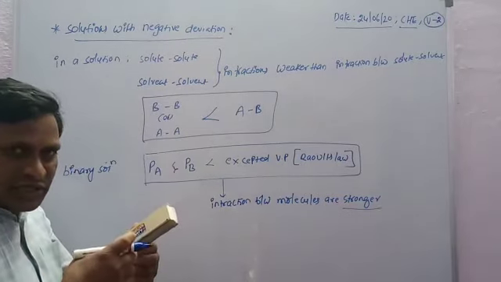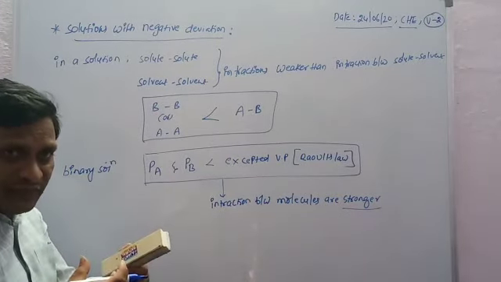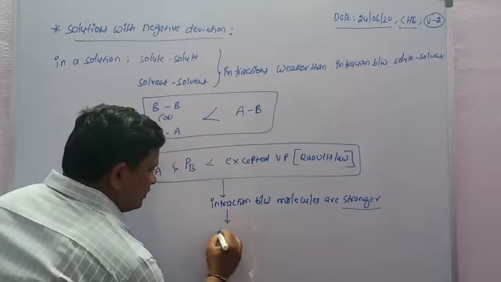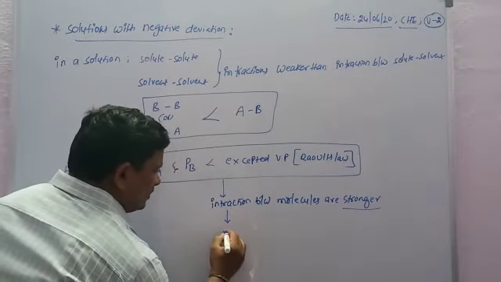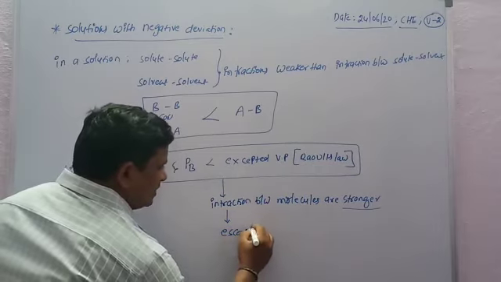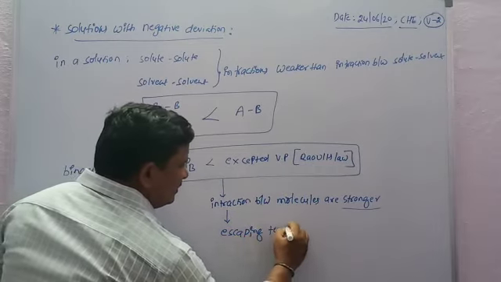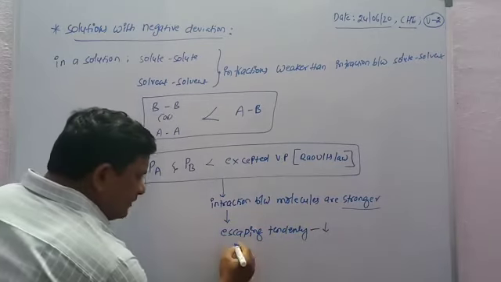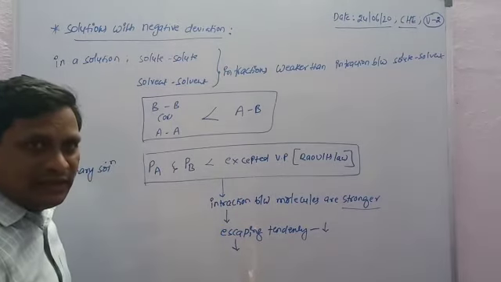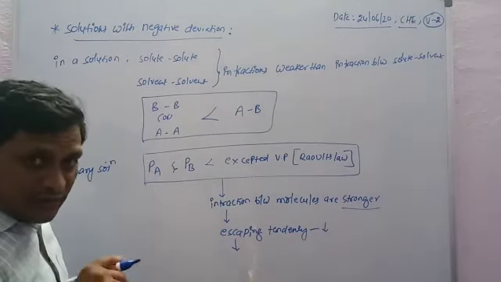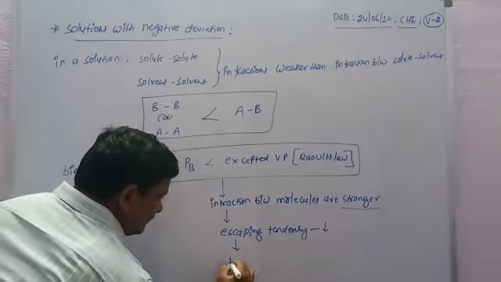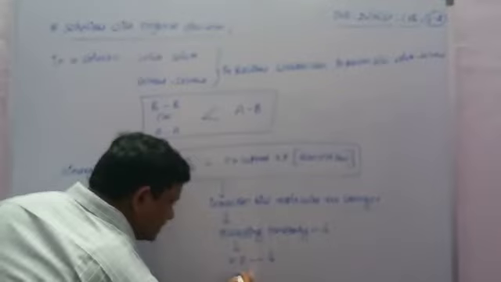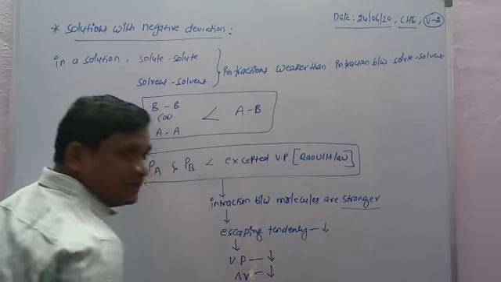If the interactions are stronger, then the escaping tendency decreases. If escaping tendency decreases, vapor pressure decreases. If vapor pressure decreases, then volume decreases.